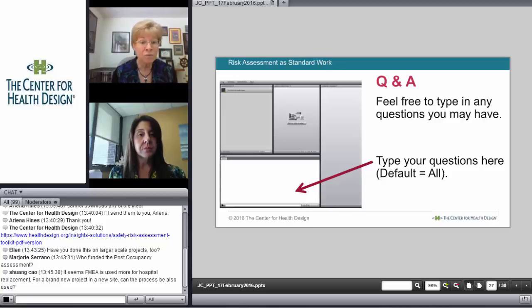When I was trained in FMEA by the American Society for Quality, it was their first incidence with it being used for construction. So that's how I first used it, on the construction project itself, in terms of minimizing risk to our patient care business.